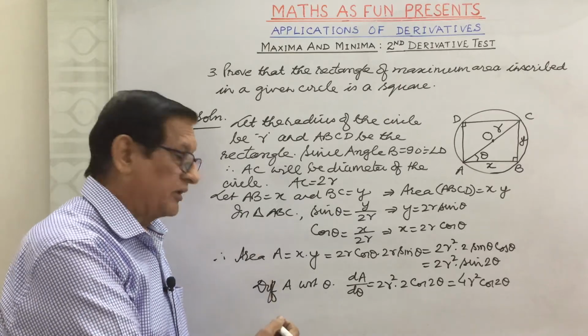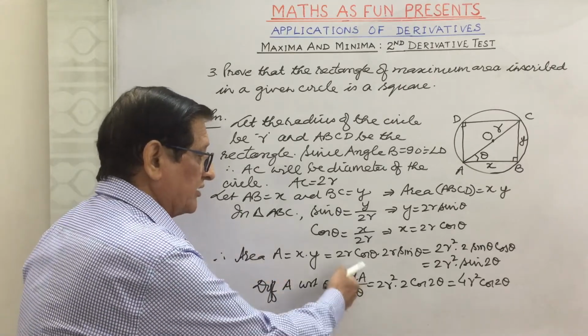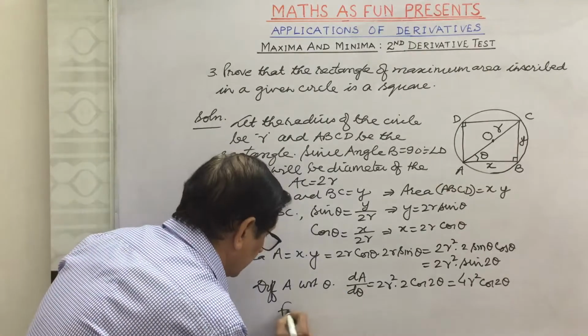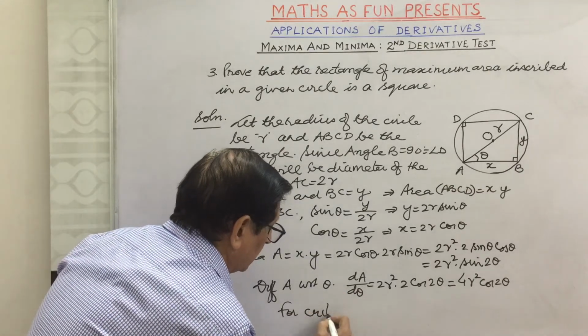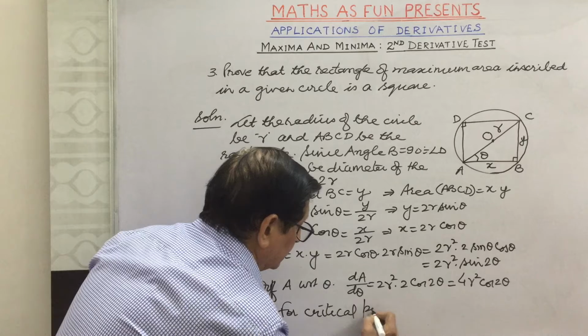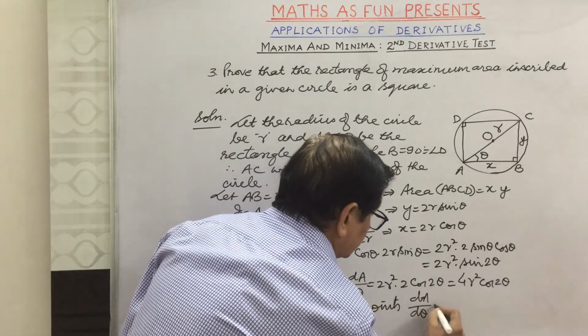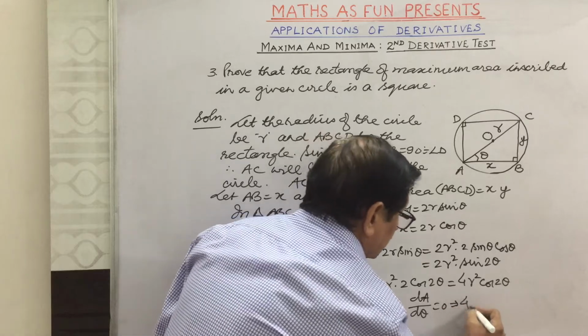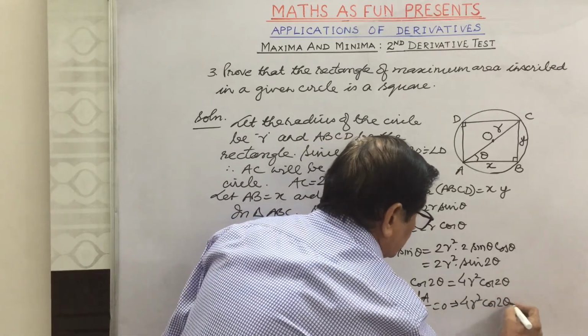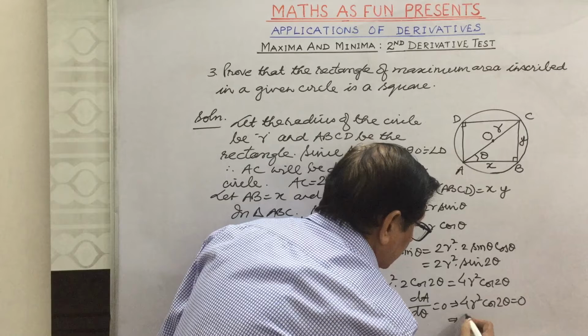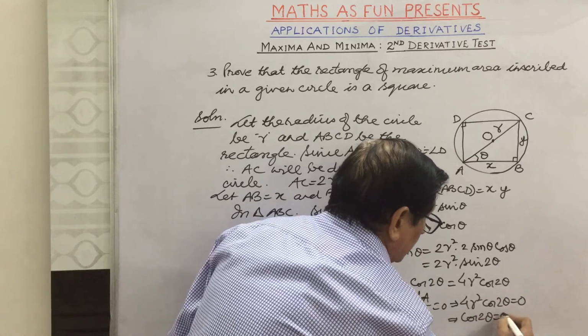Now to find out the critical points, we will take dA by d theta as 0. So we write critical points, dA by d theta is equal to 0. It means 4r square cos 2 theta is 0, which gives us cos 2 theta equal to 0.